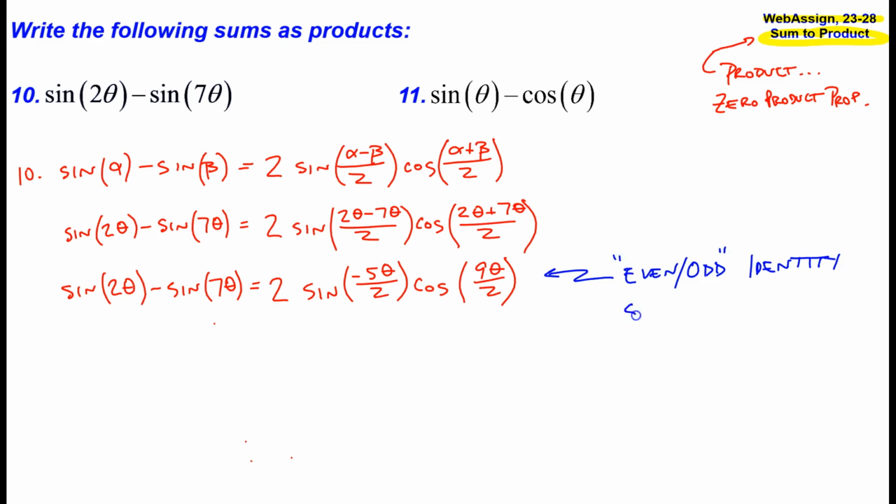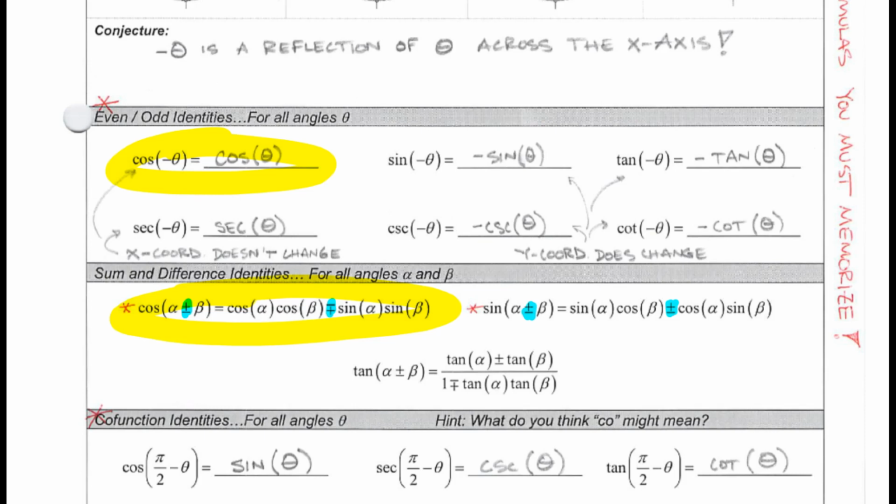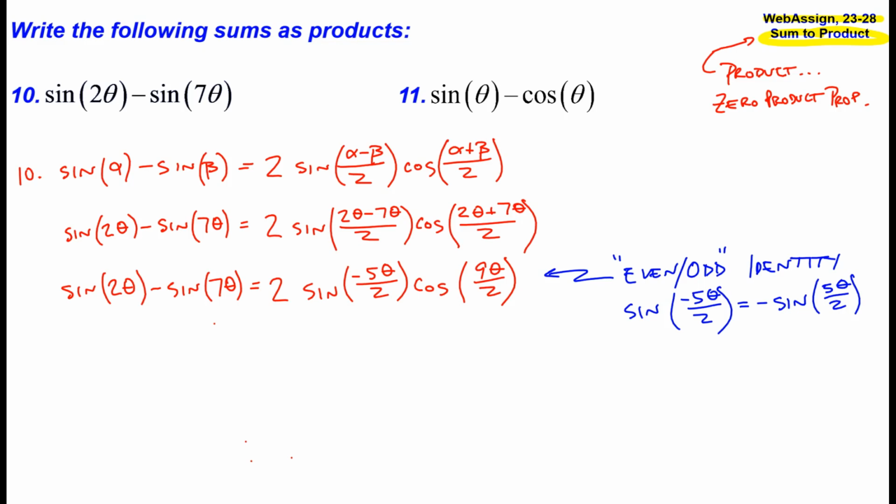The sine of negative 5 theta over 2 is equal to the opposite of the sine of 5 theta over 2. And that's back again from our reference page. We look at the even-odd identities on the front side there, and we have the sine of negative theta equals the negative sine of theta. So we're going to use that here to make this a little simpler and see where that gets us.